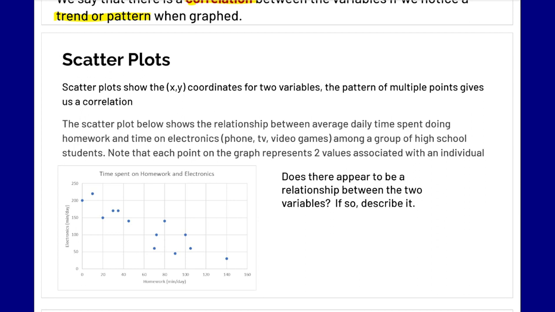The scatter plot below shows the relationship between average daily time spent doing homework and time on electronics, such as TV, phone, video games, among a group of high school students. So each point represents two values associated with one individual.